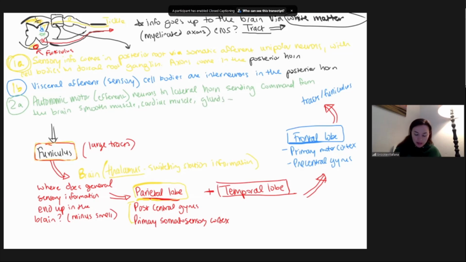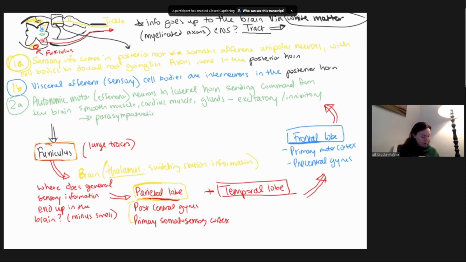So smooth muscle, cardiac muscle, and glands. And this command can either be excitatory or inhibitory, just depending on its destination. And we know that the 2 areas that will be involved will be parasympathetic.